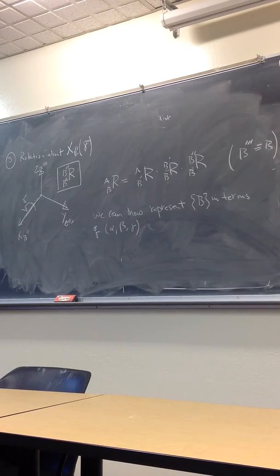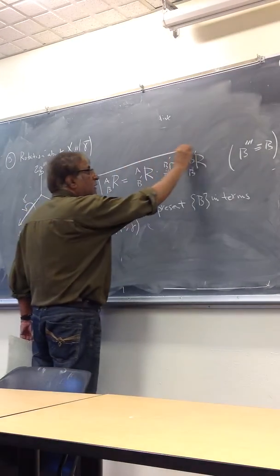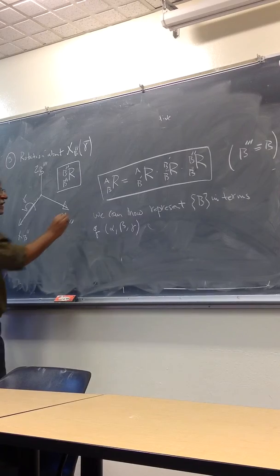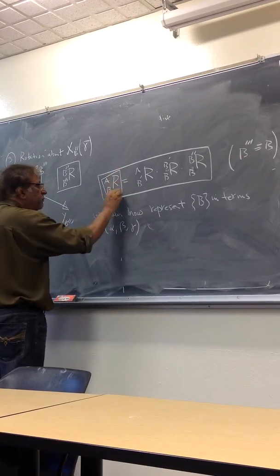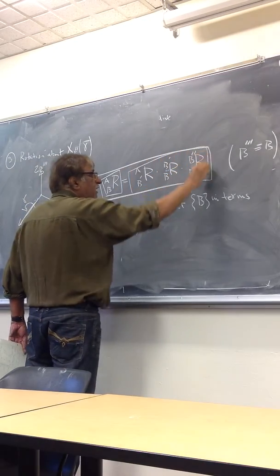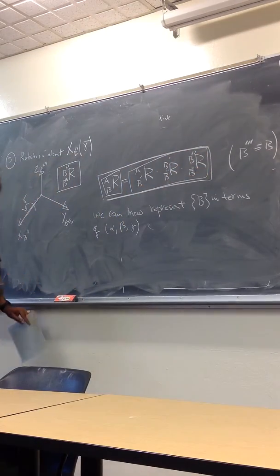Did it solve our problem? You know how to calculate this, right? By this time you should know this. So given A to B, B to A, this combination is going to be a function of alpha, beta, and gamma. That was the original problem we wanted to solve.